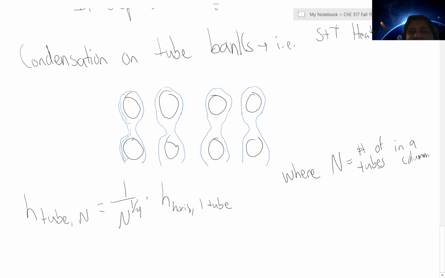So, what I'm showing here, where I have 8 tubes, my n would be 2, because I have 2 tubes in this column, or number of rows, if you'd rather think of it that way.